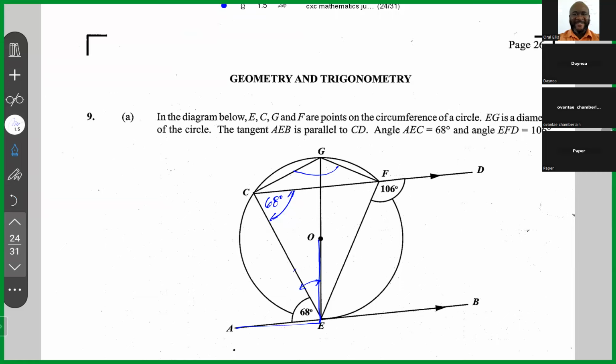And to find that angle, I'm going to use the fact that we have alternate angles here. So if these are alternate angles, it means that this entire angle here is 106. So if the entire angle is 106, this internal piece, let me call it alpha, or angle CEF.